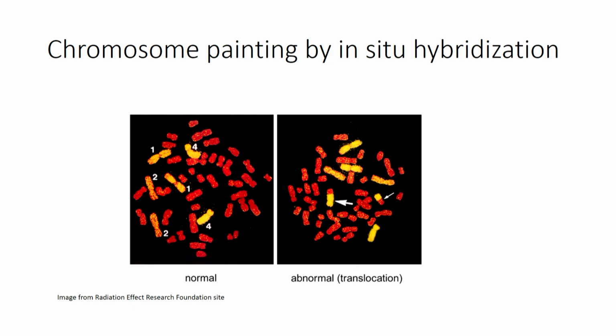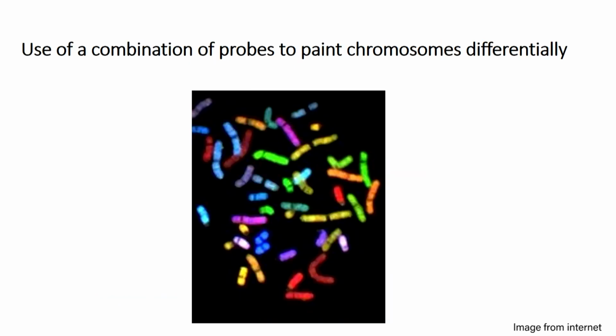You have part of this red that has come, that is a translocation from somewhere else. So this way, by painting the chromosome, you can find anomaly. Use of a combination of probes to paint chromosomes differentially. Now your aim immediately, when you can do this, may be to try different chromosomes with different colors.